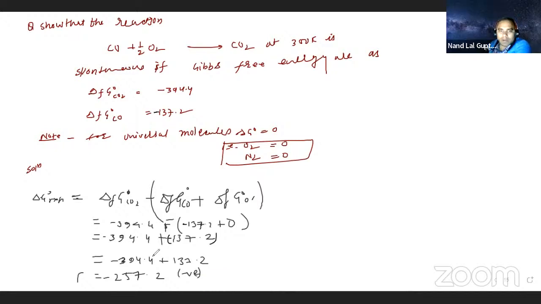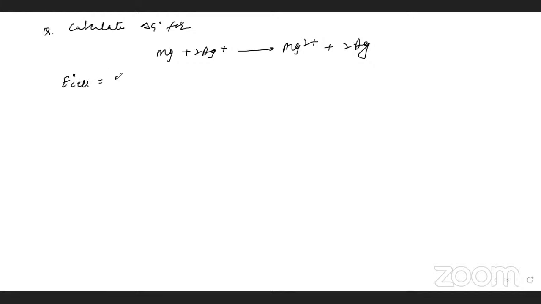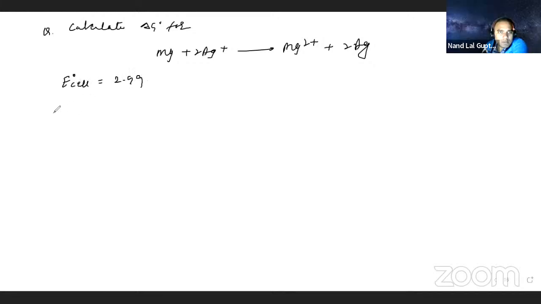When I am checking your concept, whether it is clear or not, there are many problems. We will do that one. Calculate delta G naught for Mg plus 2Ag+ going to Mg2+ plus 2Ag. E naught cell they have given as 2.99.